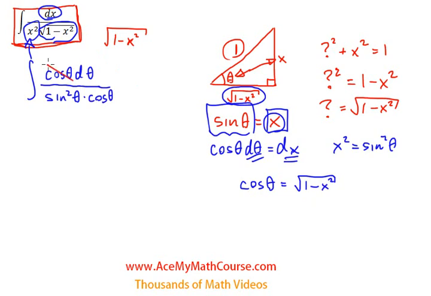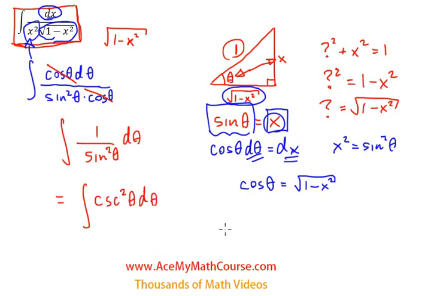So at this point I can cancel out the cos on the top and on the bottom here, and we're left with the integral of basically 1 over sine squared theta, and that is just equivalent to the cosecant squared of theta. Correct? Of course.